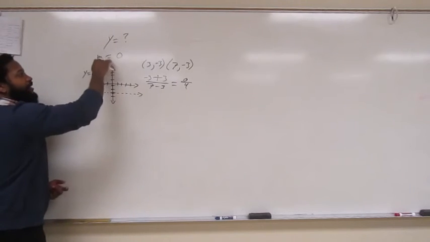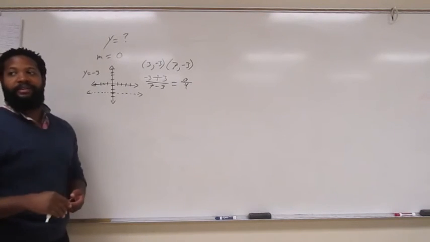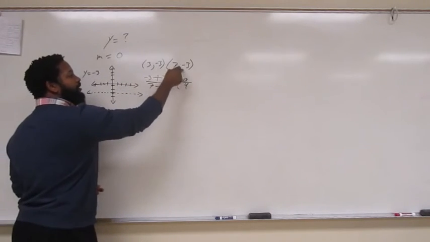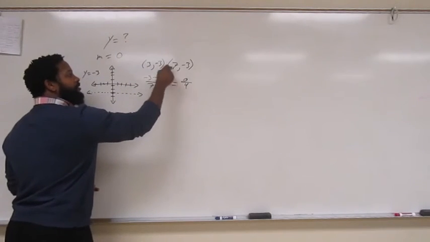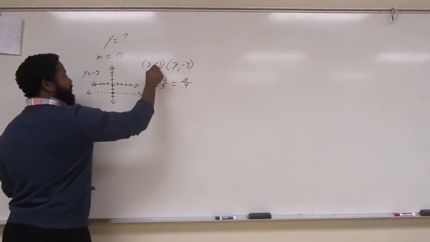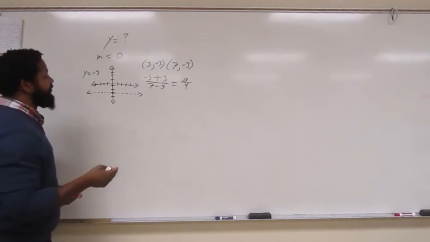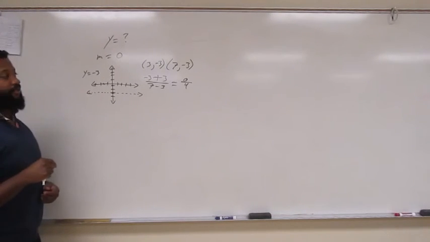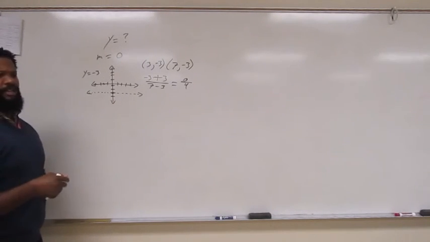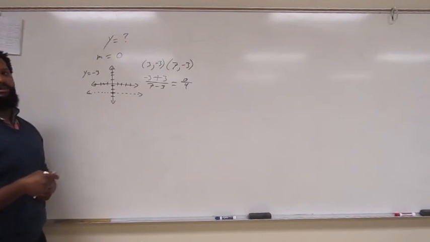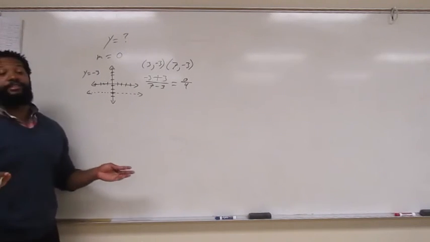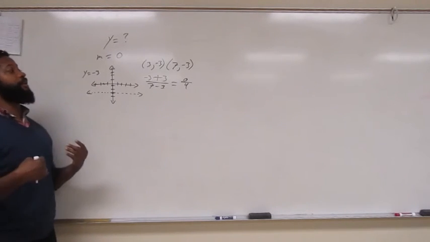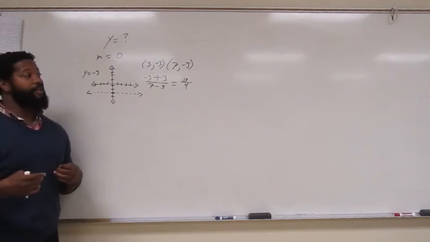So that's why m is equal to 0, and that's why your y is equal to what? -3. Y is equal to -3. And that's why it's graphed like that, okay? Because it blatantly tells you y is equal to -3, the slope is 0. It's not trying to trick you, and I'm not trying to trick you, okay? I'm just trying to let you know how it looks, okay?